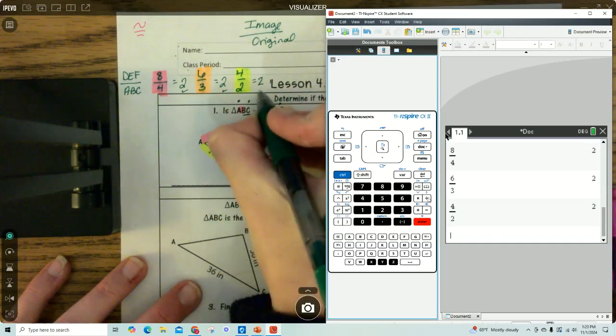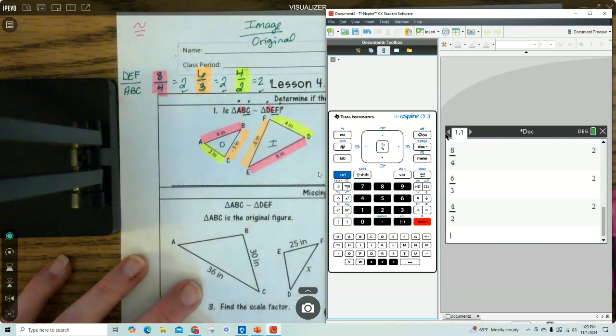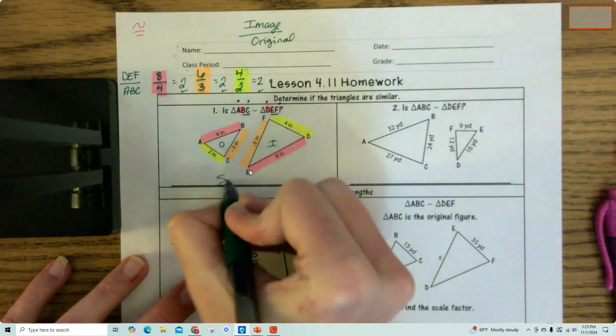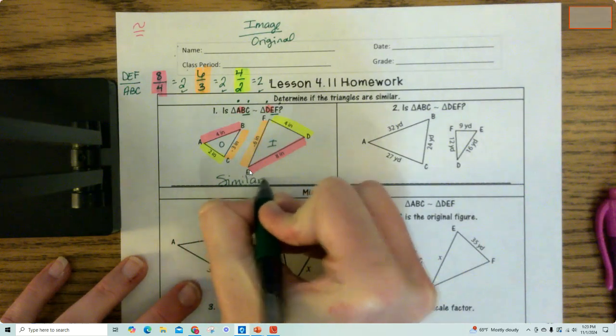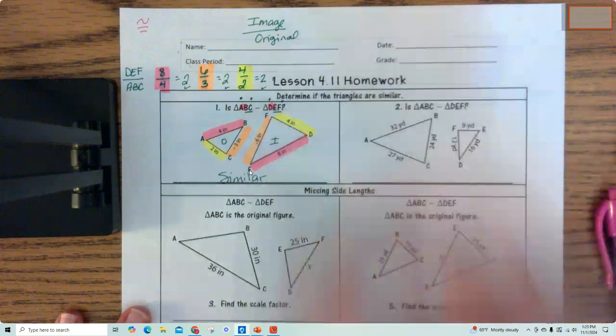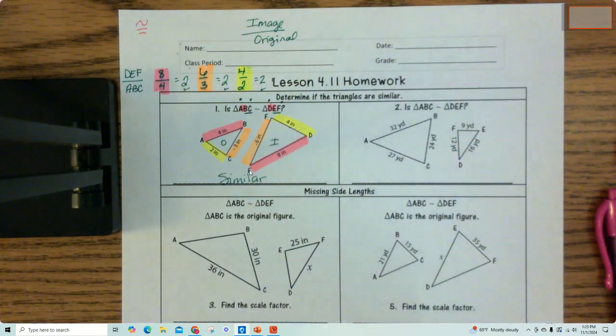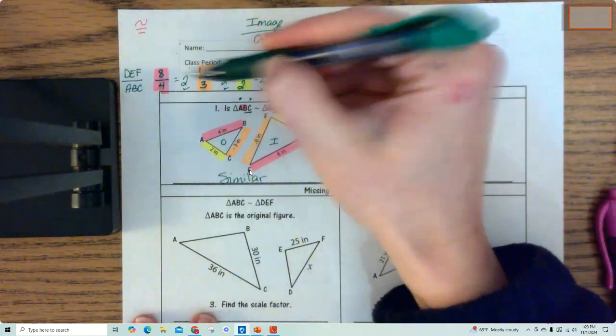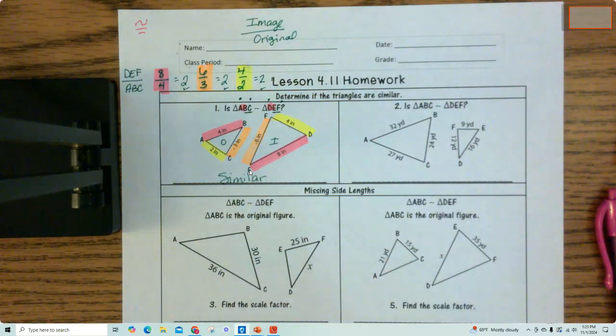If they all simplify to the same thing, then those triangles are similar. If they don't, if even one is different, those two triangles are not similar. So that ratio between the sides has to be the same for every single pair of sides.